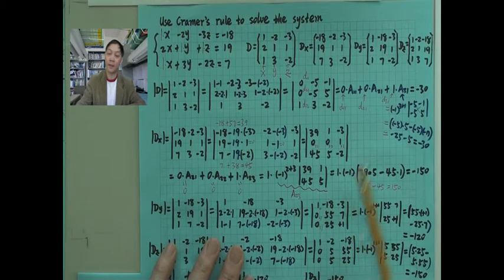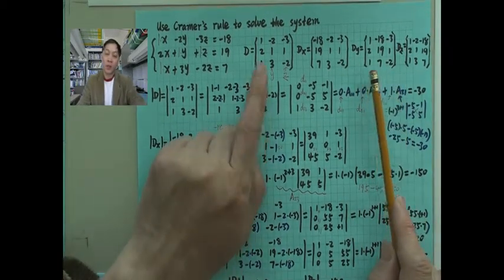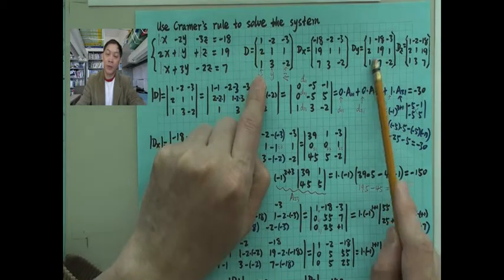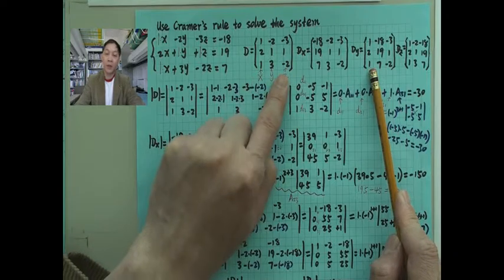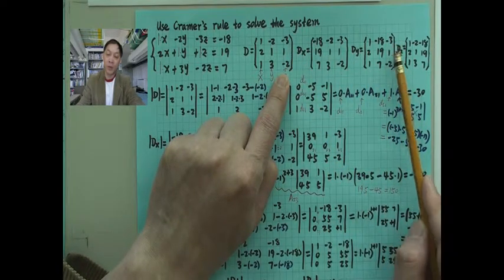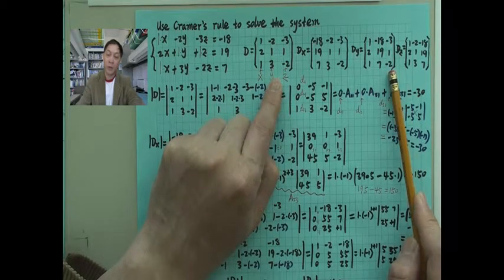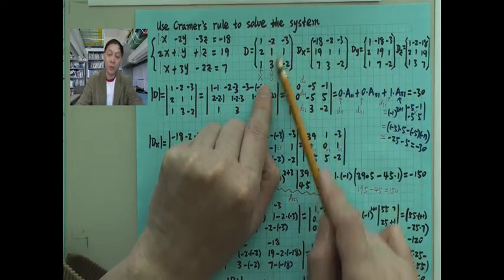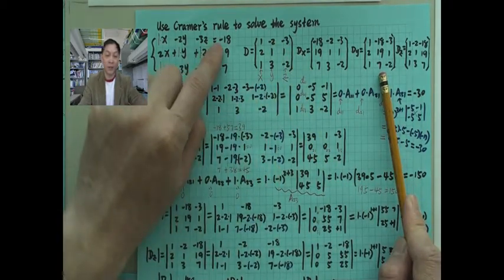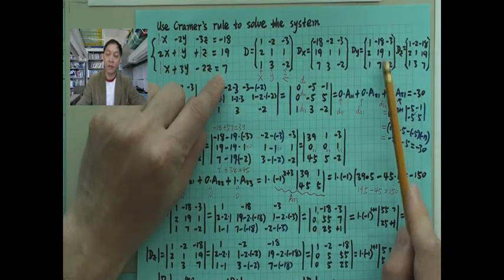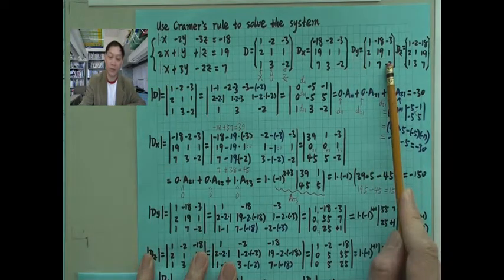Now, dy, we get dy in the same way. Column 1, 1, 2, 1, and column 3, negative 3, 1, negative 2 are the same. Replace column 2 in D with the constant negative 18, 19, 7, you have dy as a matrix.